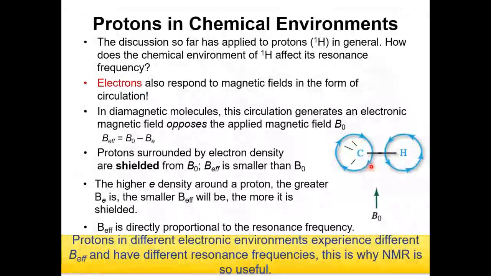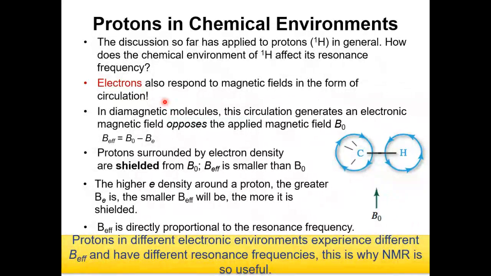Why? Because electrons around a nucleus, like a proton, respond to a magnetic field. They will undergo circulation. Originally the electrons move randomly around the nucleus, and the probability is described by a wave function.